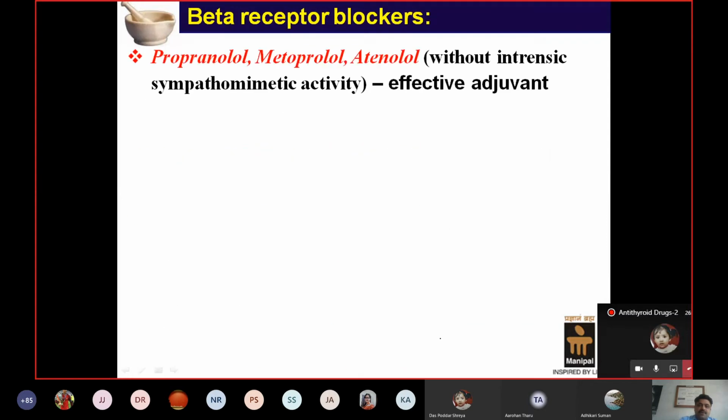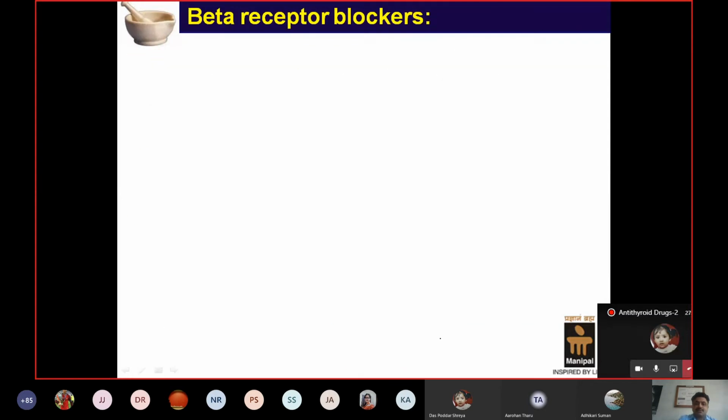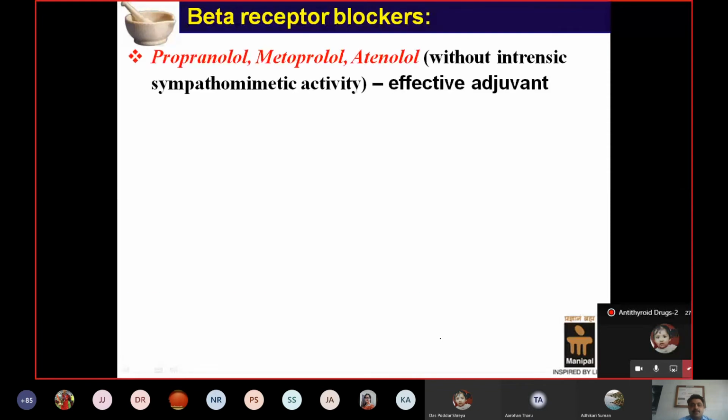Beta receptor blockers, the other group, like propranolol, metoprolol, atenolol. So remember, we can use all of these, metoprolol, atenolol, but we prefer propranolol out of the beta blockers.